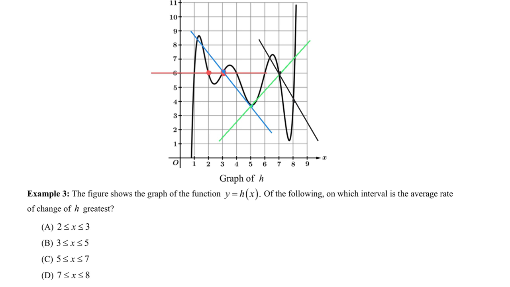And what we're looking for here is which of these slopes, which of these average rates of change over those intervals is the greatest. And remember, positive is greater than 0 and negative. And if you look at 3 of those, I have 2 negatives and a 0. The only positive slope is the green slope. So our answer is from 5 to 7. So C.